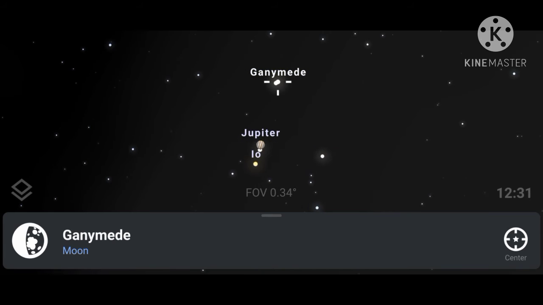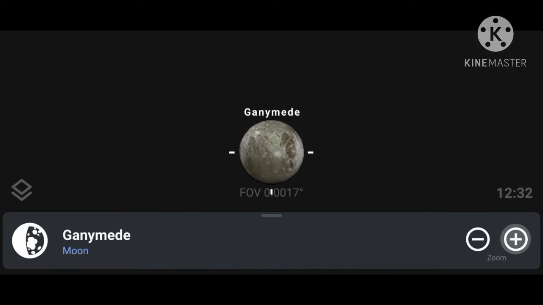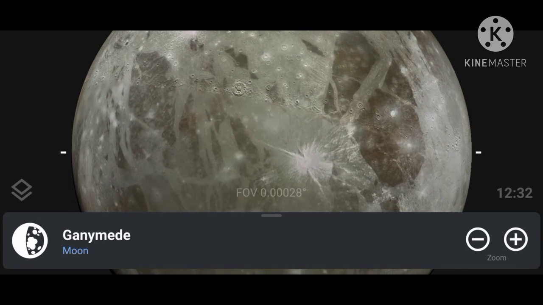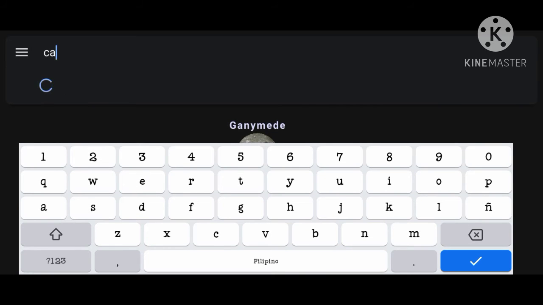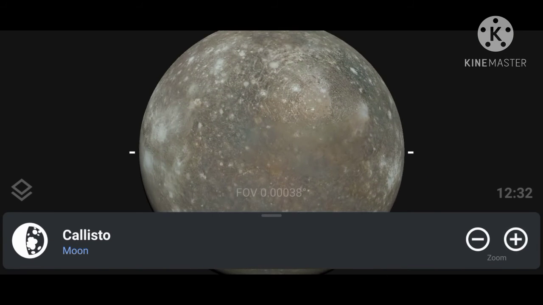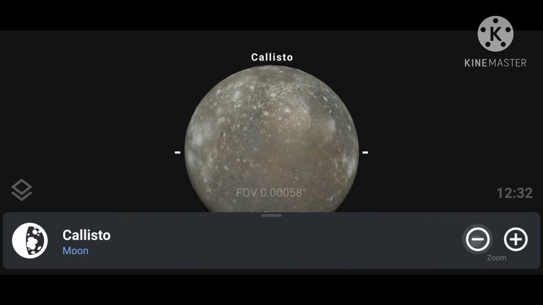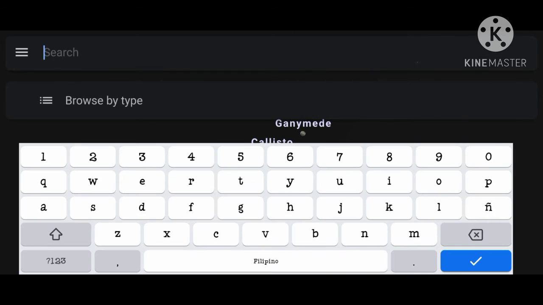Another one is Ganymede, which resembles the surface features of our moon. We search for the other moons of Jupiter, which are also similar to the features of our moon, Callisto and Ganymede.